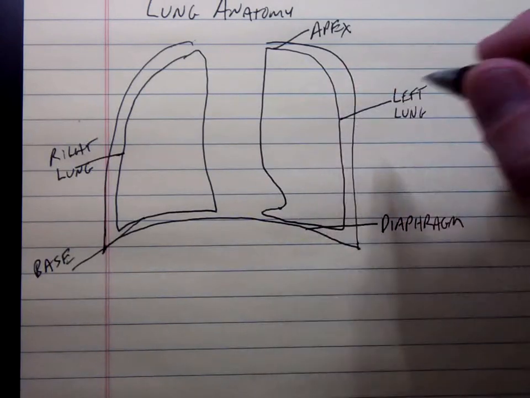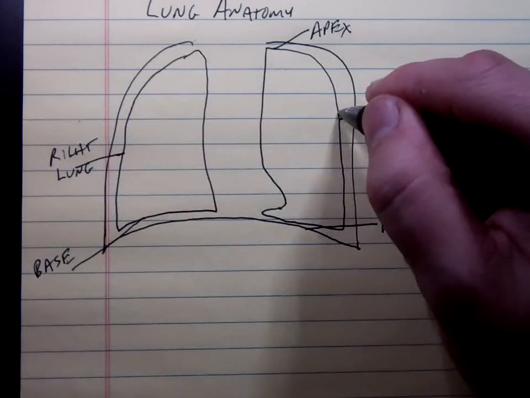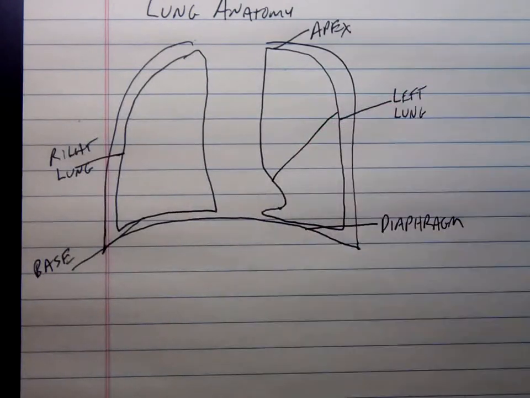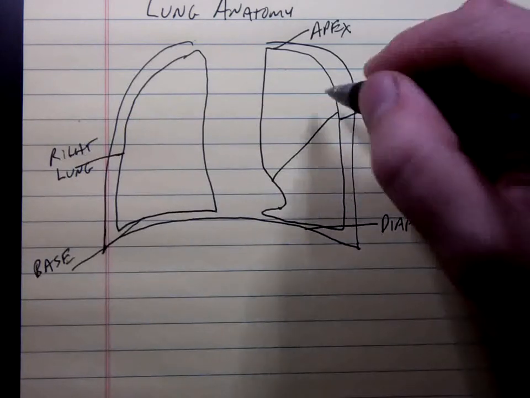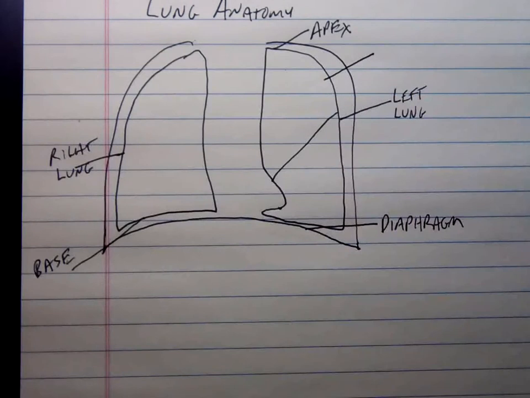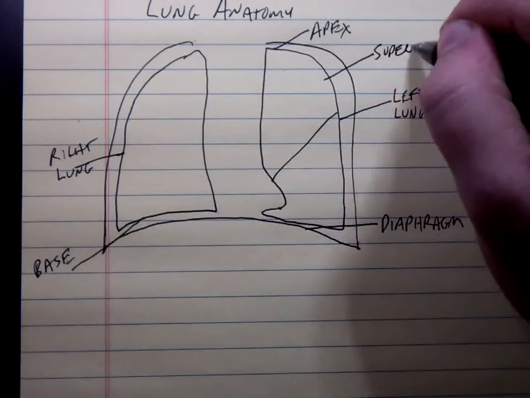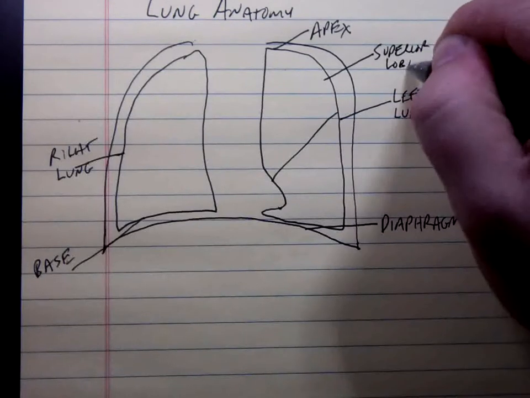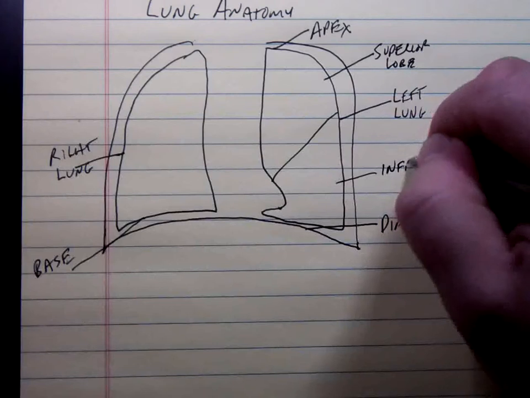Now the left lung is divided into only two lobes, okay? There is a groove that runs like this down the side of the left lung, and that divides them into, how would you name this lobe? That's right, that's what it's called, superior lobe. Down here is the inferior lobe. Good.